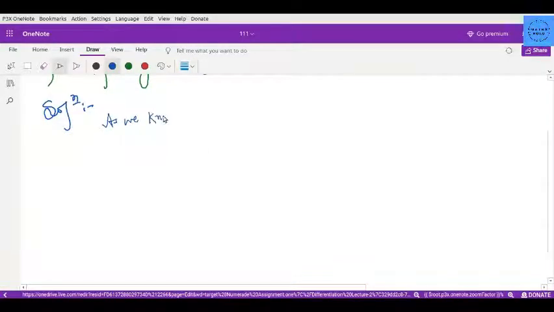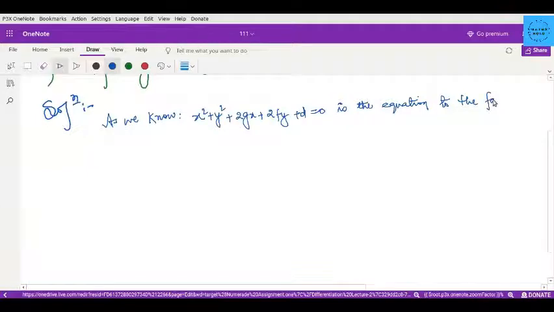As we know, x square plus y square plus 2gx plus 2fy plus d equals 0 is the equation to the family of circles.